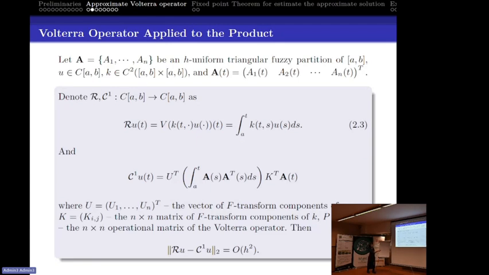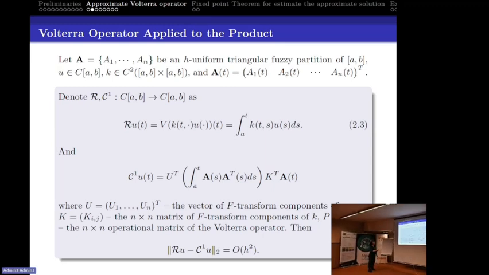It looks like this, and here we replace the functions k and u with their inverse fuzzy transforms, and we get C1u like this. Because it's the inverse fuzzy transform version of RU, we have this property.